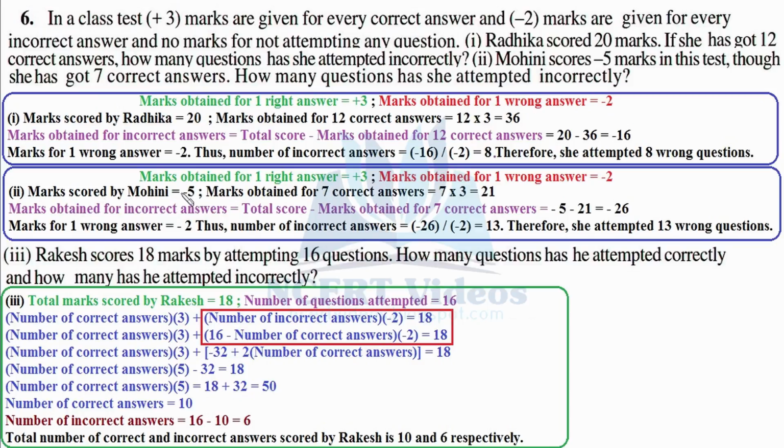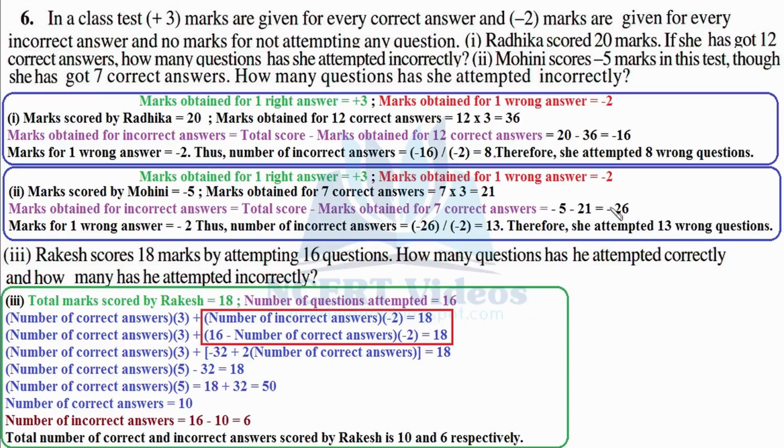Now marks obtained for 7 correct answers: 7 threes are, because one question gives her 3 marks, so 7 will give her 21 marks. Now again, using the same thing, marks obtained for incorrect answers will be total score minus marks obtained for correct answers, which is 21 in her case. So minus 5 minus 21 gives you minus 26.